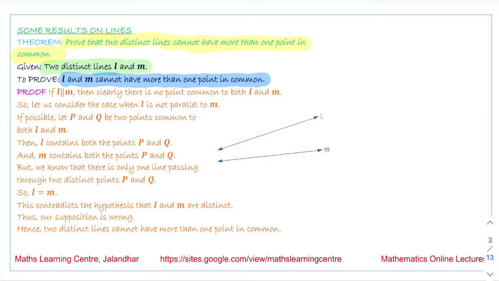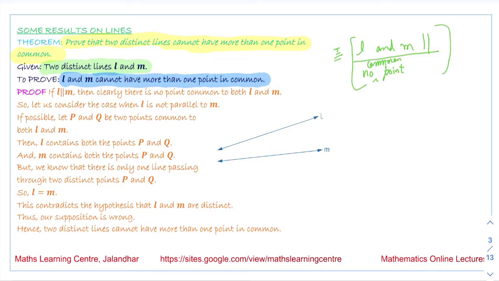There are two cases here. First case: if L and M are parallel, then clearly there is no common point between these two lines.